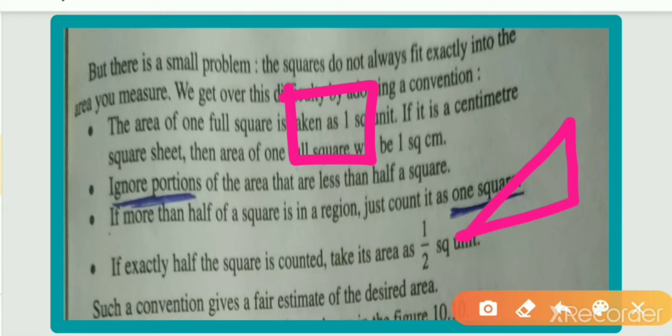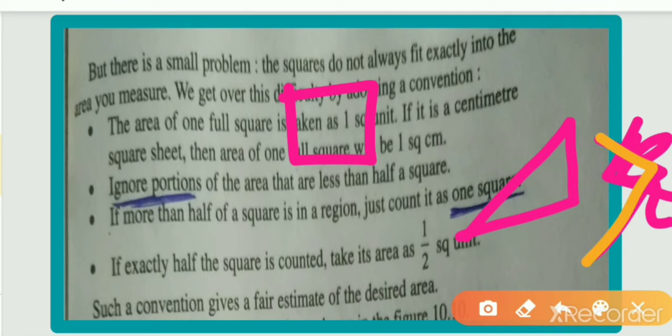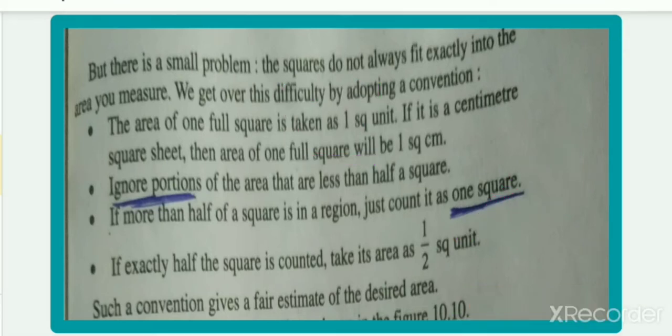But if less than this is given, then it will not be considered, it will just be ignored. We have to ignore that portion. It does not have any unit or number.